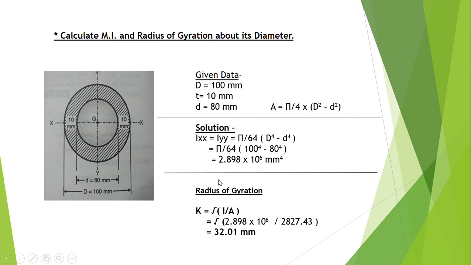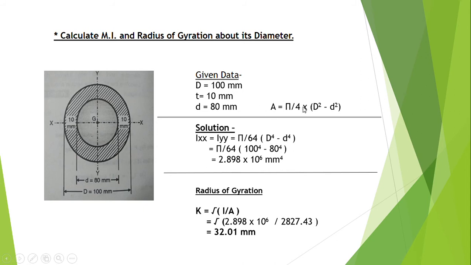And for calculating the radius of gyration, as we know, the formula is under root I by A. The value of I we have calculated here, and for the value of A, the area of this section, we have to calculate by subtracting the area of the inner circle from the area of the outer circle.